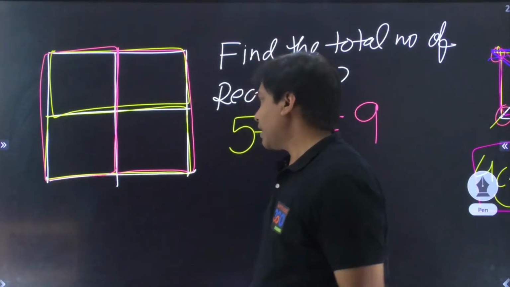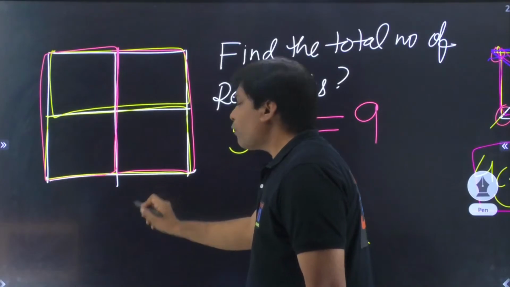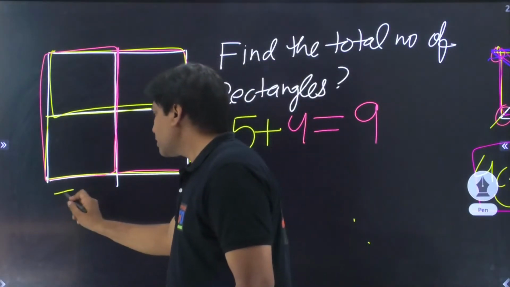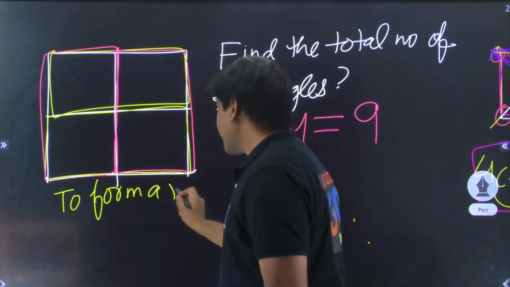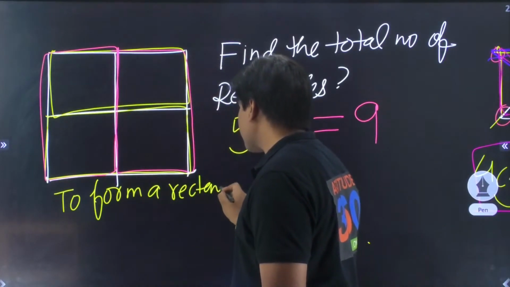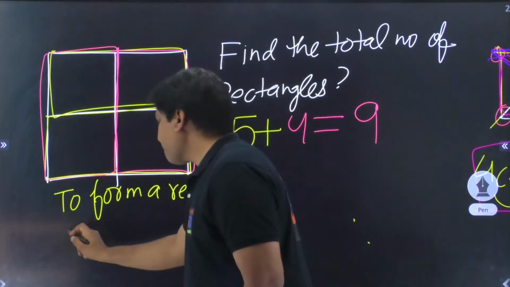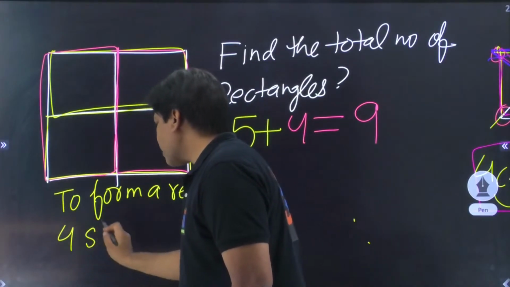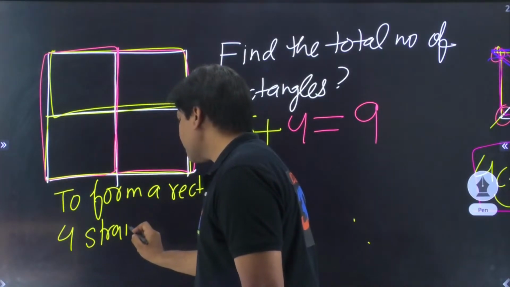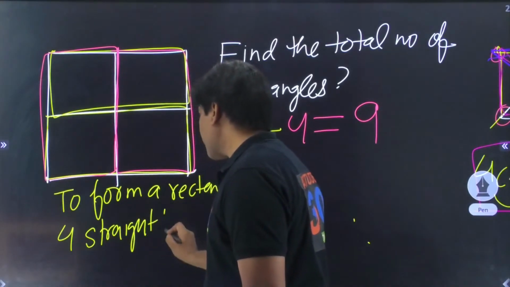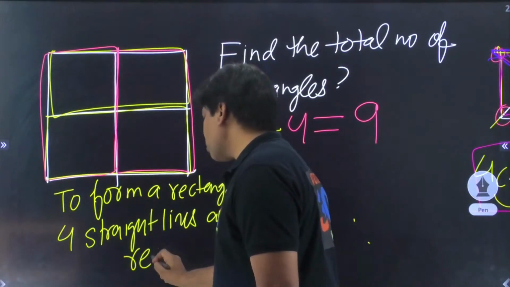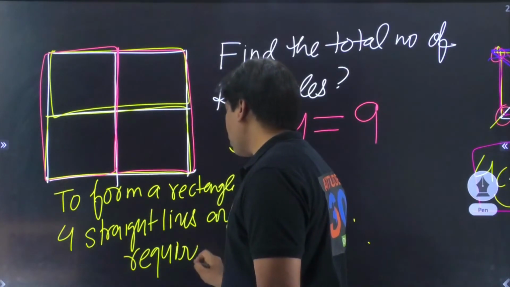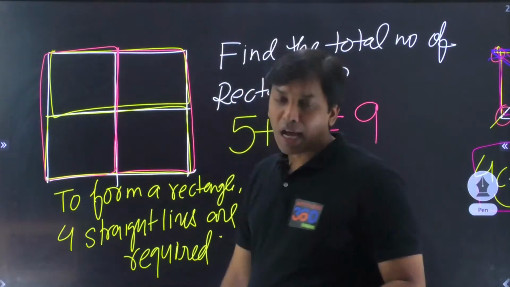वो प्रॉब्लम क्या रहा समझो. To form a rectangle, four straight lines are required. इसमें तो किसी को डाउट ही नहीं है ना, कि कोई भी रेक्टेंगल बनाना है तो we have to have 4 straight lines.